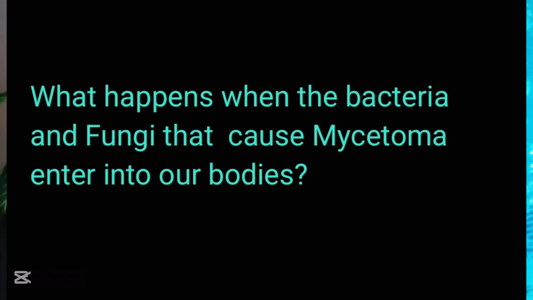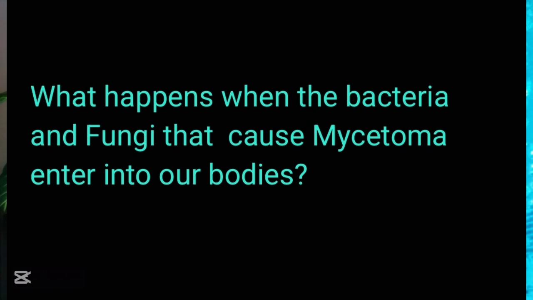While this is all going on, there can also be destruction of the tissues of the affected area, for example, the muscles, the tendons, and the bones. The nodules will later be filled with pus. There will also be development of abnormal channels called the sinus tracts.